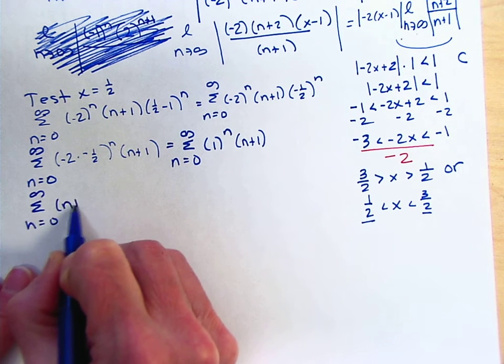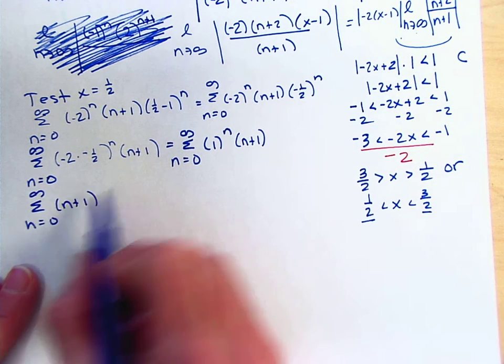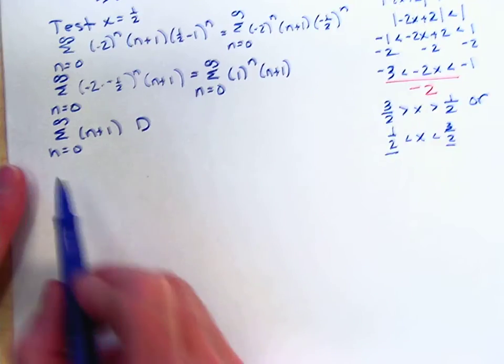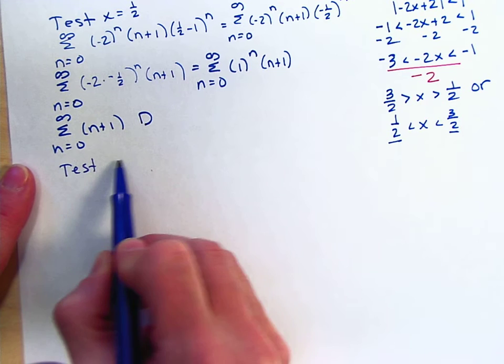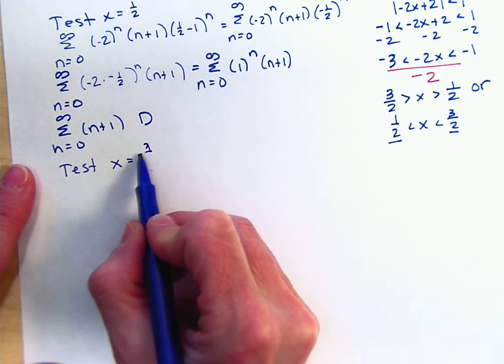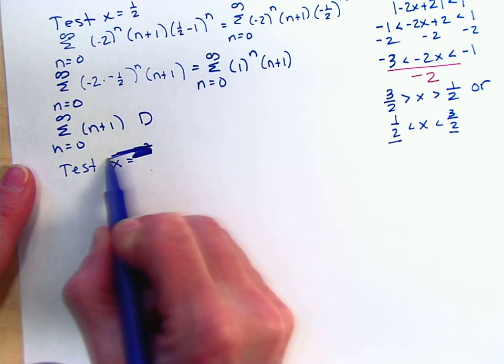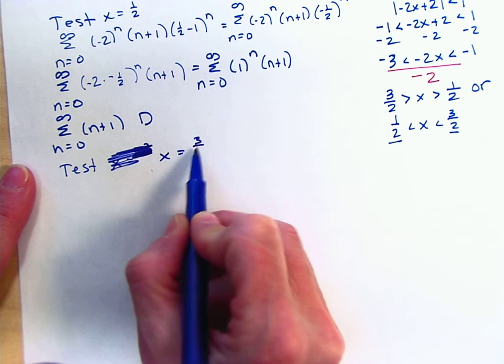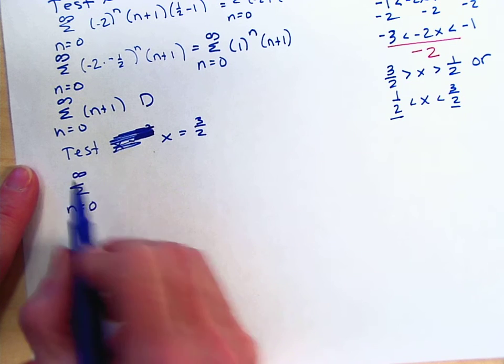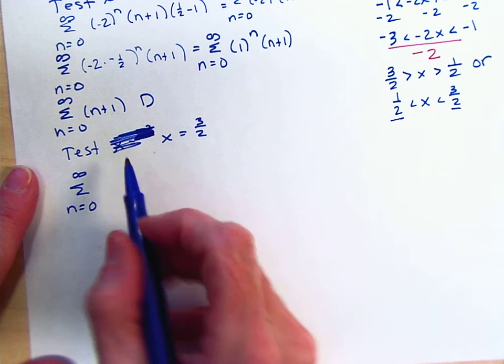So by the nth term test, we know that this series diverges. So we do not converge at that endpoint. Now we're going to test the other endpoint. So we're going to test x equals minus 1/2, or I'm sorry, 3/2, x equals 3/2. So we're going to take 3/2 and put it in our original series.